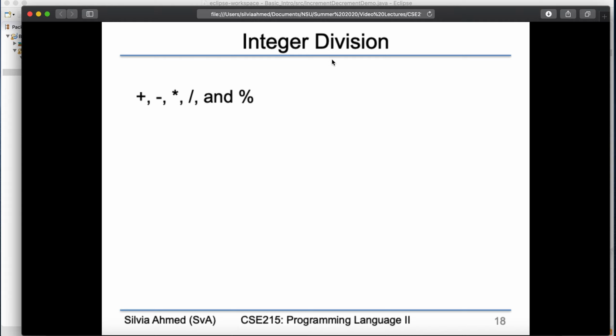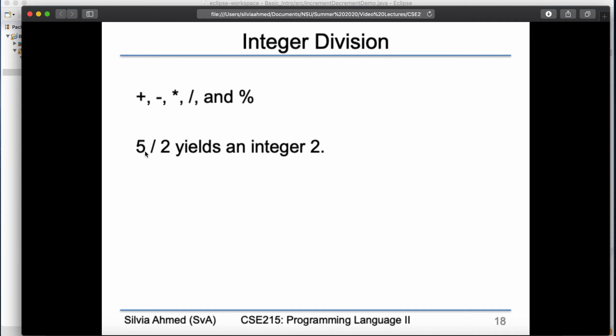Any operation that involves all integer inputs has the output value to be integer. If you add, subtract, multiply or take the remainder of two integers, you always have an integer result. The only difference is when you are dividing one integer by another, because at that time you can have a fraction as an output.